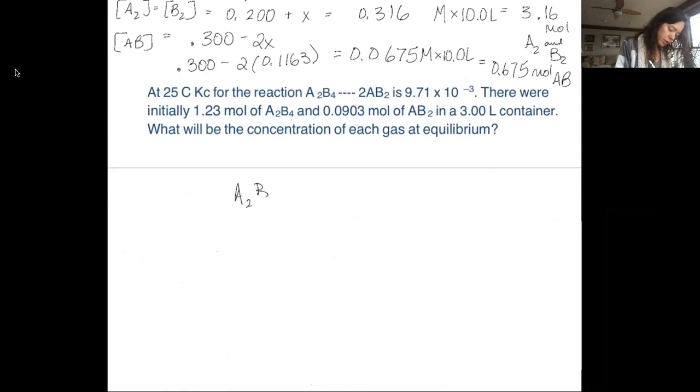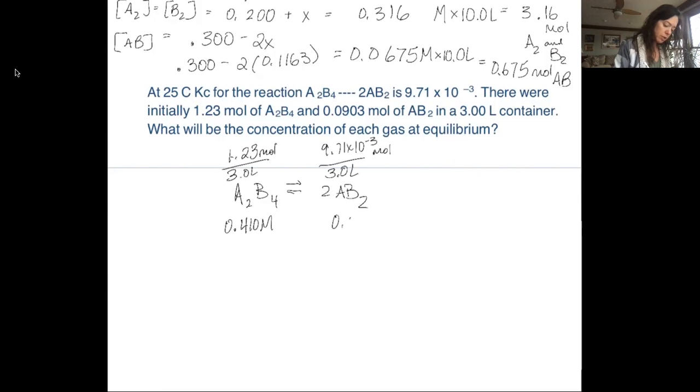We're going to run into a problem, and I'm going to just show you what we would do. Now, we've got 1.23 moles here, and that is in 3.0 liters. We've got 9.71 times 10 to the negative third moles, also in 3.0 liters. So our concentrations will be 0.410 molar and 0.0307 molar.